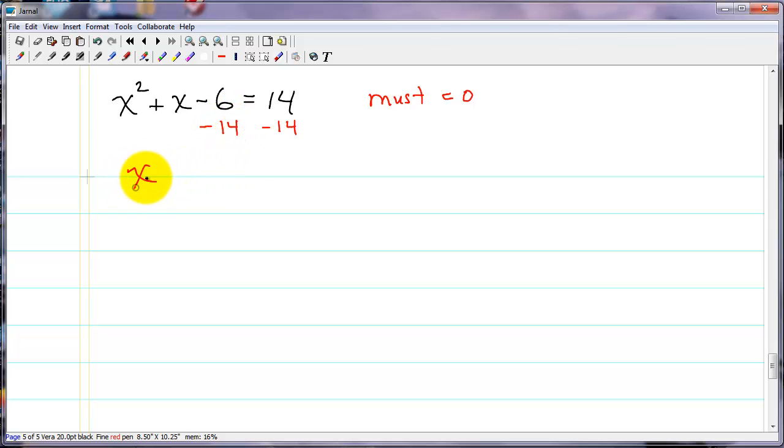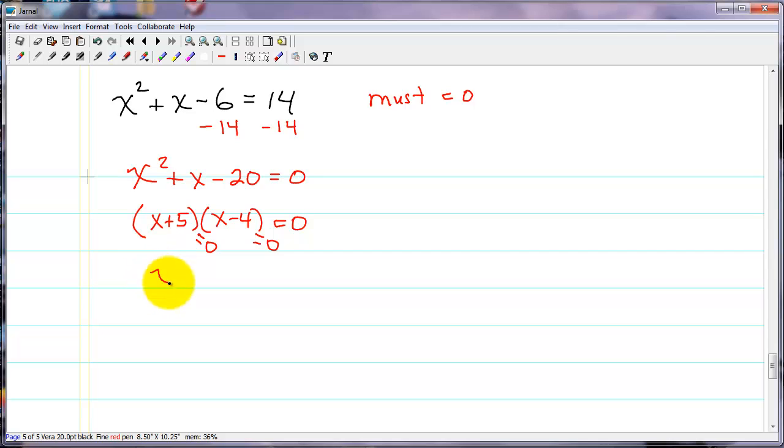So now we have x squared plus x minus 6, it's not minus 6, minus 20 equals 0. Now we can factor, so now we're going to get x plus 5 and x minus 4. So if we set each of those factors equal to 0, we get x equals negative 5 and x equals 4.